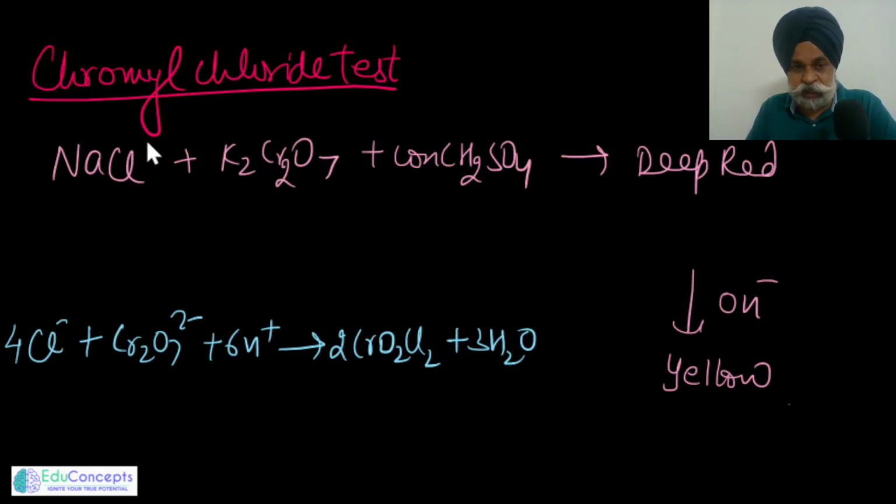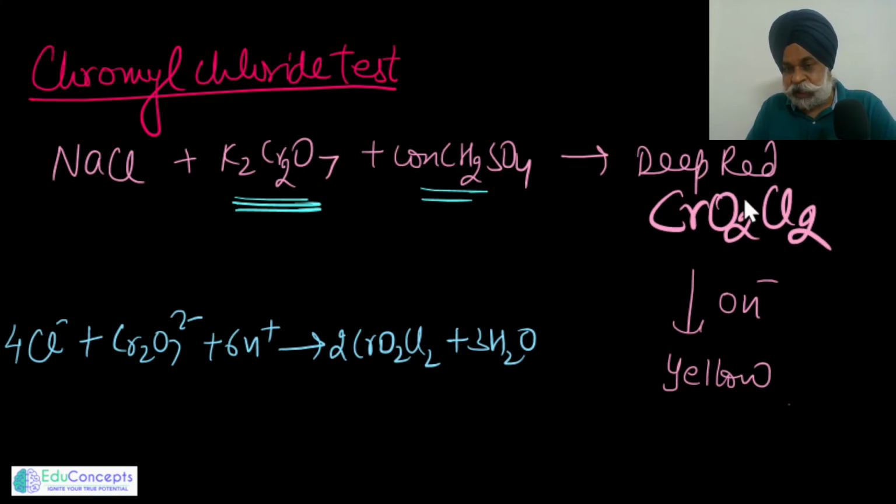In the chromyl chloride test, chloride is treated with potassium dichromate in the presence of concentrated sulfuric acid to give a deep blood red color, and this deep red color is because of chromyl chloride, which easily dissolves in alkaline medium to give a yellow solution of chromate anion.